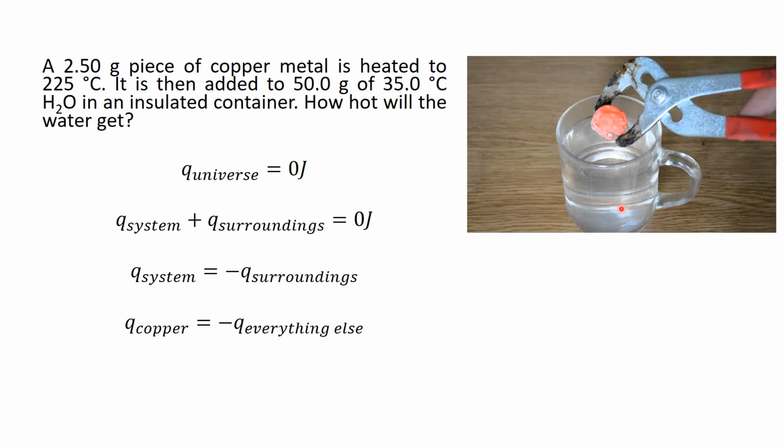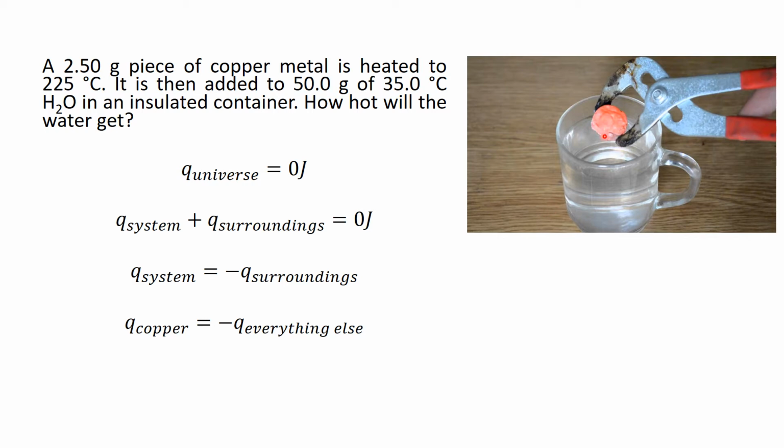But some of that heat is going to be transferred to the glass. If you drop a really hot piece of copper into a glass, the glass is going to get hot too. Some of that heat is going to go into the air. Some of that heat is going to go from the glass to the table. Okay, so whatever's lost by the copper is gained by everything else.